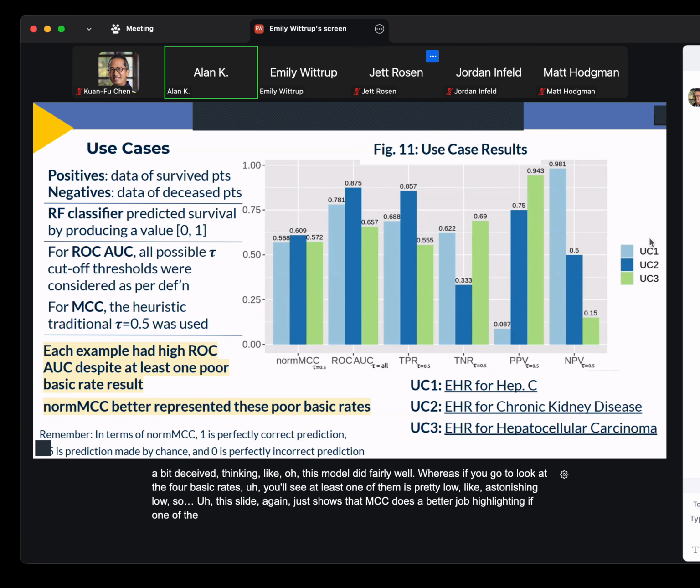And then next slide. The limitations are kind of nitpicky, I guess, because the Matthews correlation coefficient is just pretty clearly better than AUROC. It doesn't indicate why the model performs poorly, which neither does any other catch-all metric. It just indicates that at least one of those four basic rates is probably not great. So it's better to figure out what is actually wrong with the predictor.